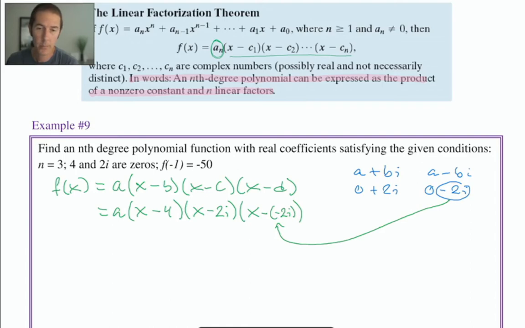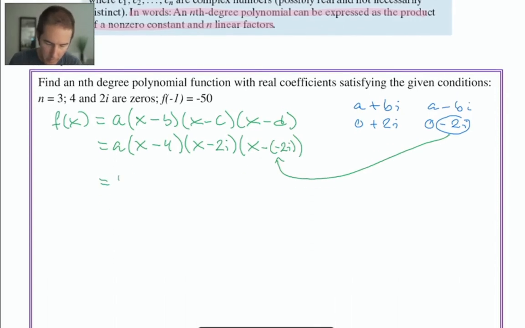Now we can start multiplying. We're going to do some foiling. I'm going to leave the a, and I'm going to leave the x minus 4, and I'm going to FOIL these two conjugates. I'm going to do those first every time. If I have conjugates, I'm going to FOIL those two first. So I've got x times x makes x squared.